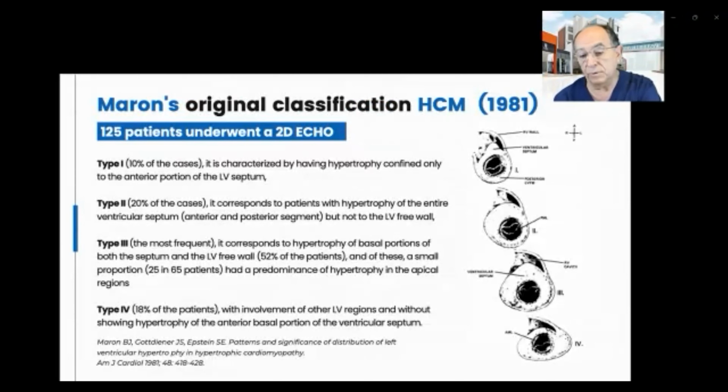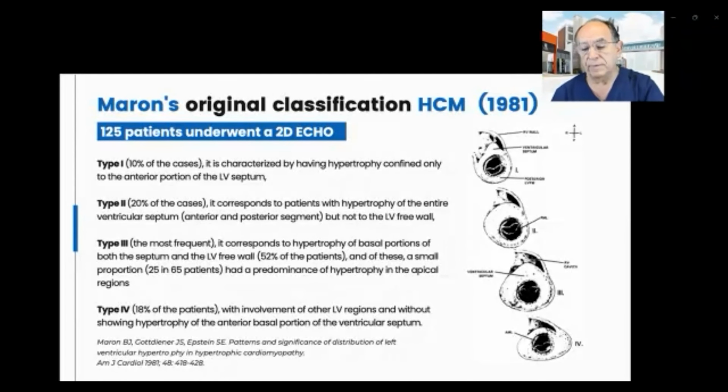If you remember, in 1981, echocardiography started with the bidimensional mode, and with the help of this system, Dr. Maron was able to find 4 different types of patients with hypertrophic cardiomyopathy.